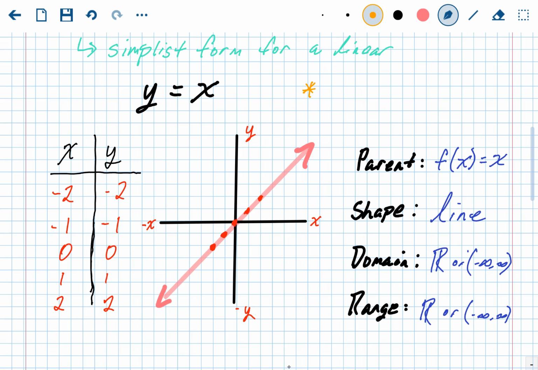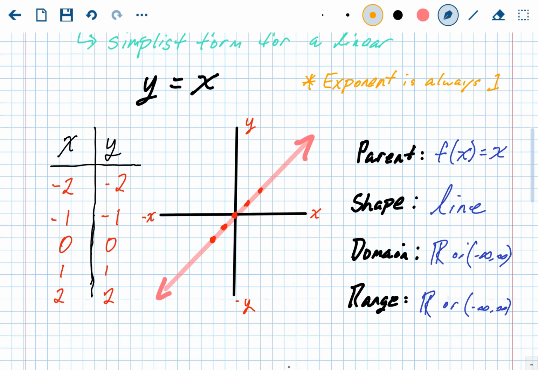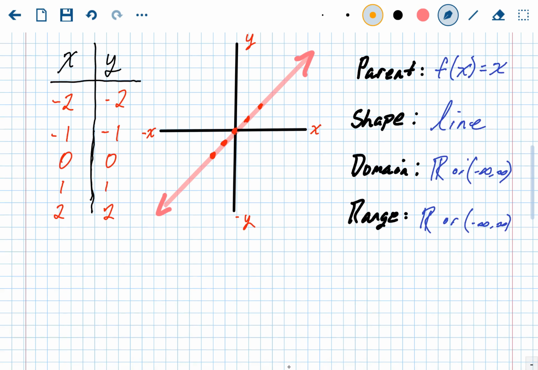We don't write exponents of 1 because everything's being raised to the first power. But one thing to note is that the exponent on a linear function or linear equation is always going to be 1. It's always going to be x to the first power.